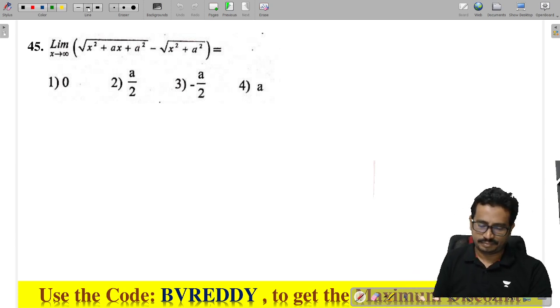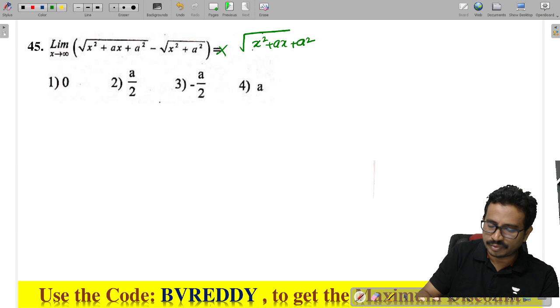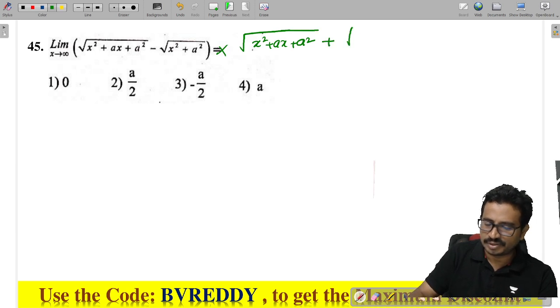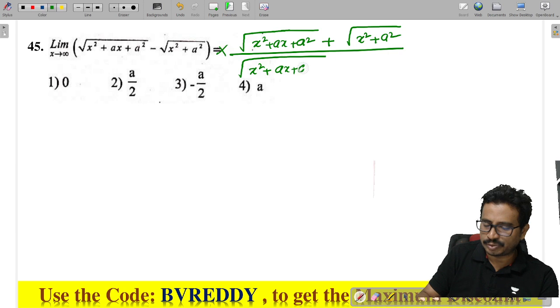Next. In this problem, I am simply multiplying the whole expression by x square plus ax plus a square plus the square root, like a rationalization, to get the a square minus b square form, divided by square root of x square plus ax plus a square plus square root of x square plus a square.